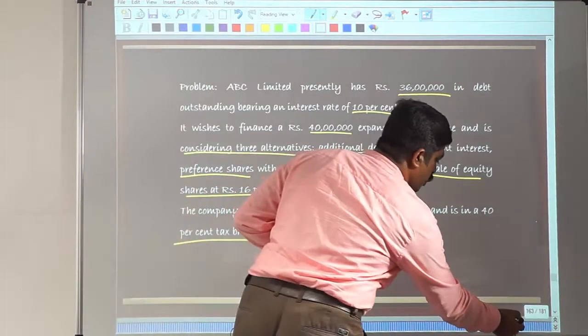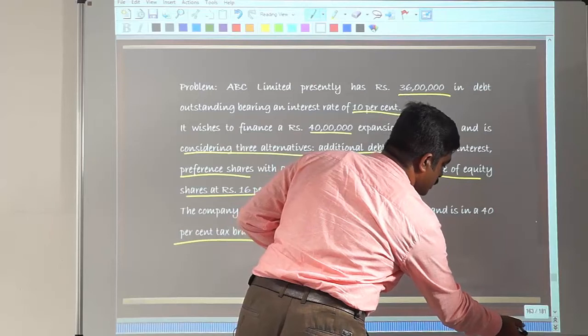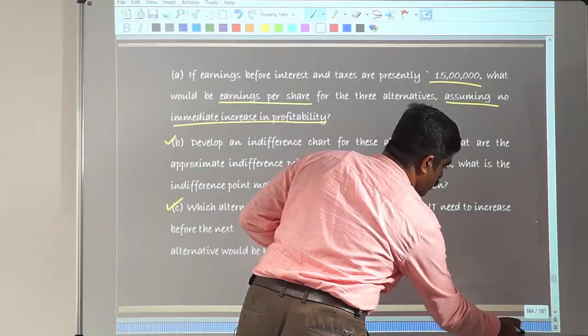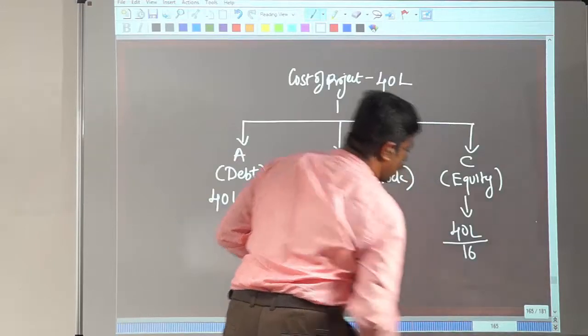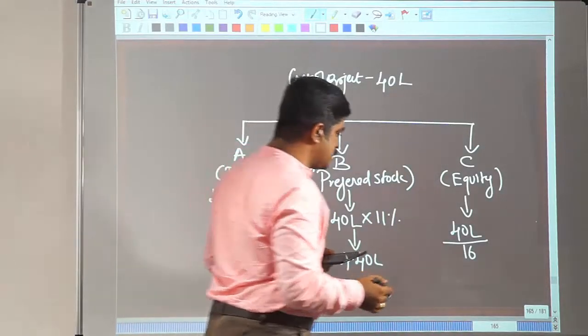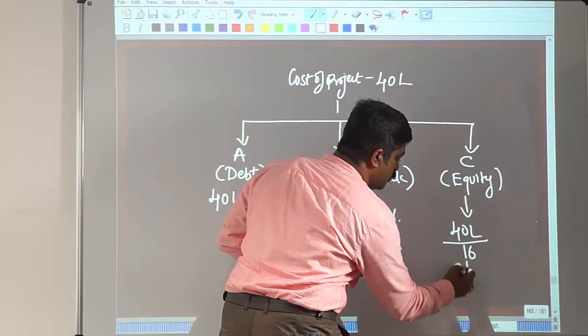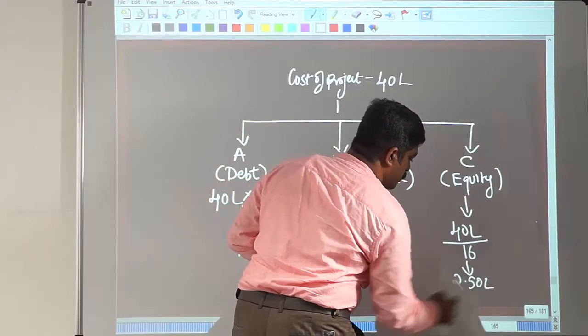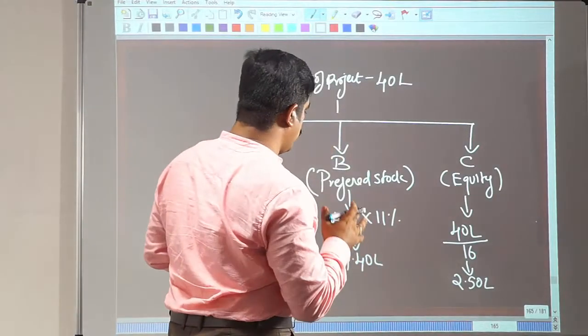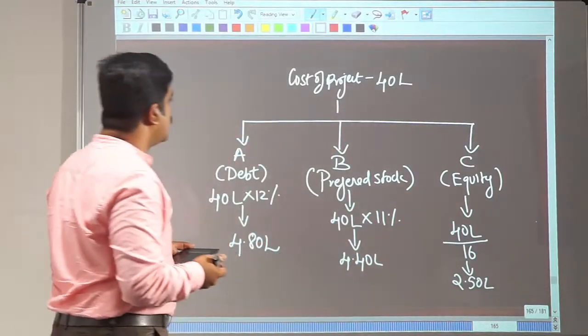So 40 lakh divided by 16 will give me the value as 2,50,000. It means it is going to be 2,50,000 equity shares.